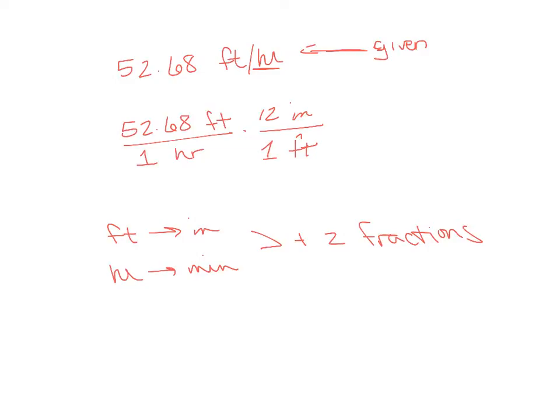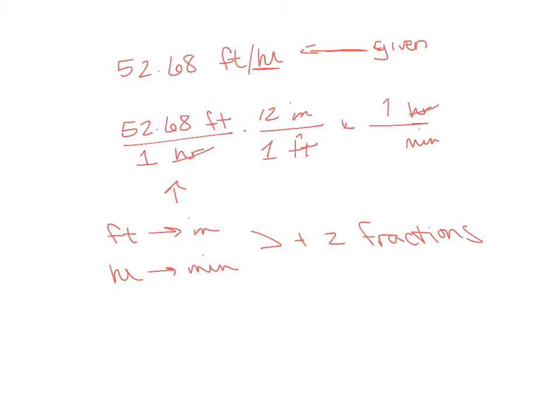Now, since I'm going from hours to minutes, I have to look back at the original, and I am changing from hours to minutes. The reason this switches is because I need to cancel the hours out to get to minutes, so they have to be in opposite places.